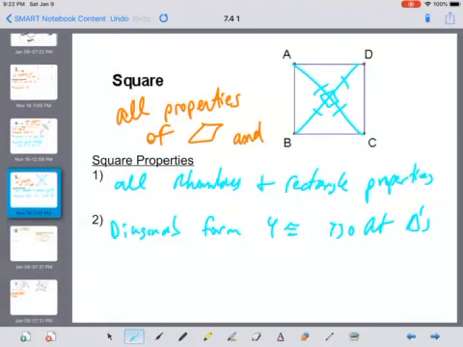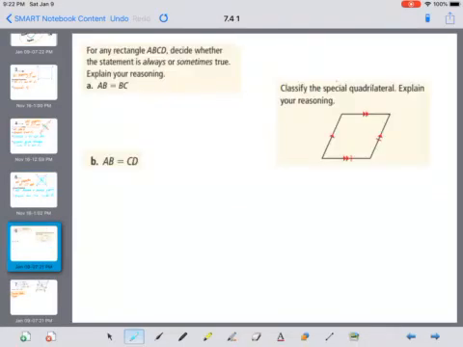So we can use these properties to solve some algebra, understand some sometimes, always, nevers questions, etc. So first off, for any rectangle ABCD, decide whether the statement is always or sometimes true.